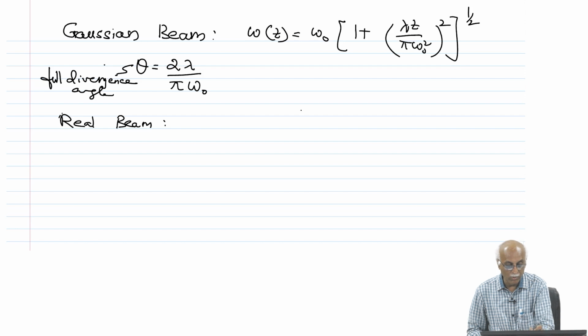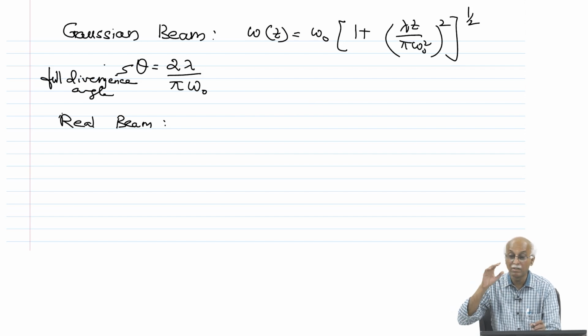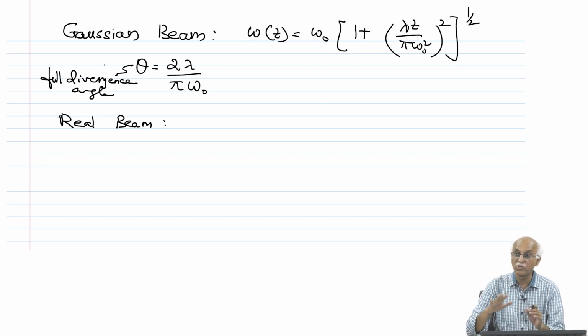We know about longitudinal modes, frequency, axial modes. Similar to the longitudinal modes, there are transverse modes, but transverse modes do not represent frequency. Transverse modes arise because of the cavity configuration as well as the amplifying medium configuration.